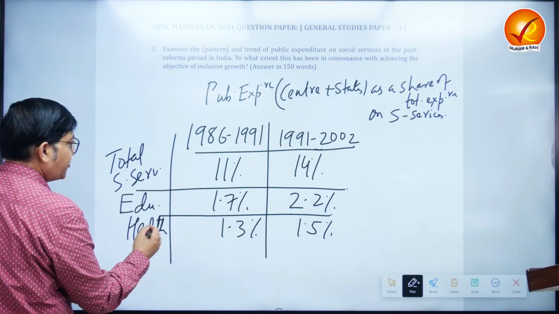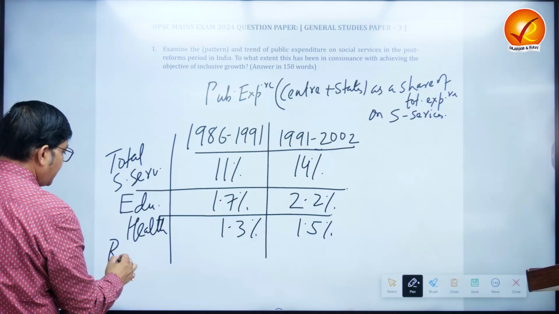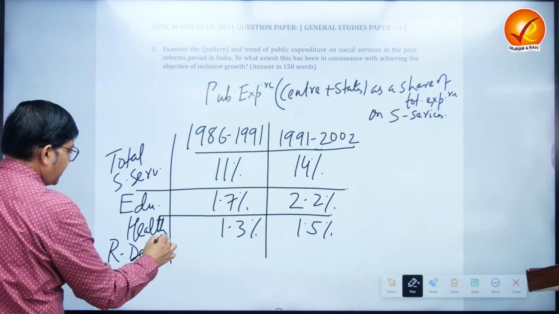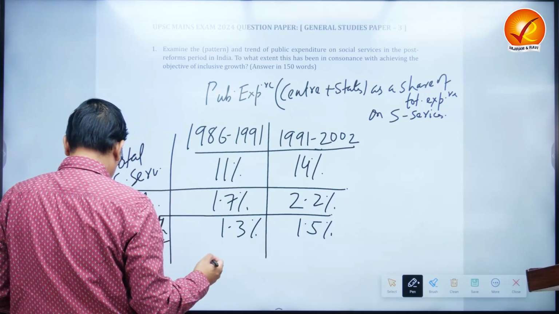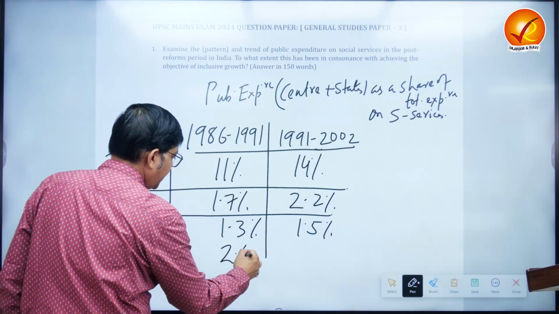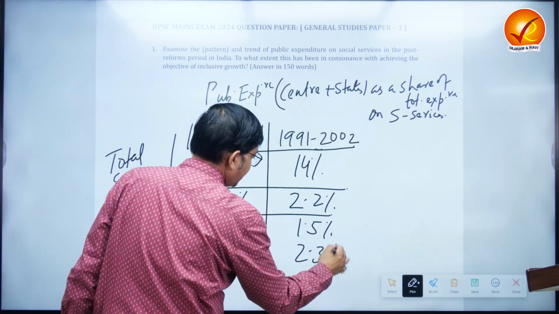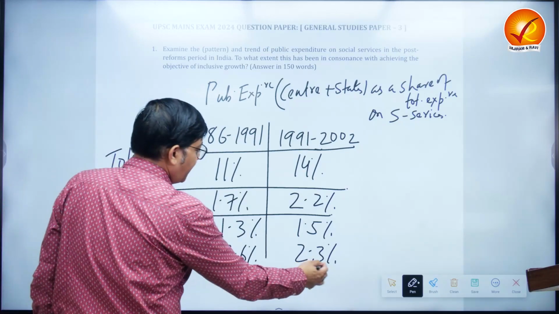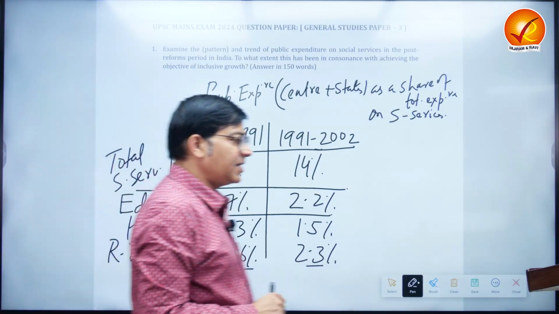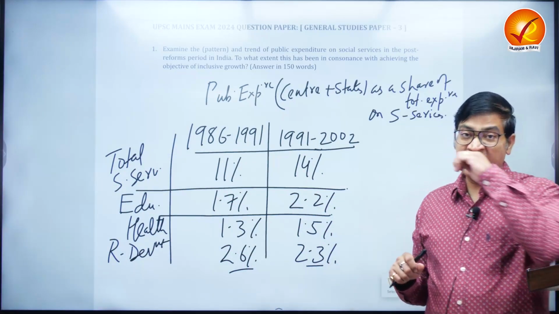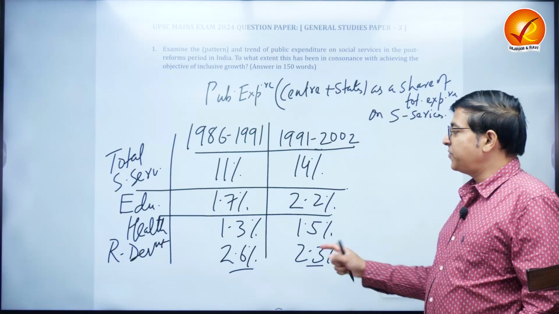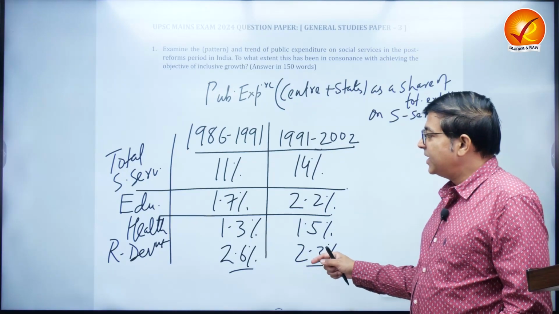But when you look into rural development, the rural development share actually decreased, although marginally, from around 2.6% to 2.3%. One hint of this is that rural development is not receiving a lot of focus within the social services.